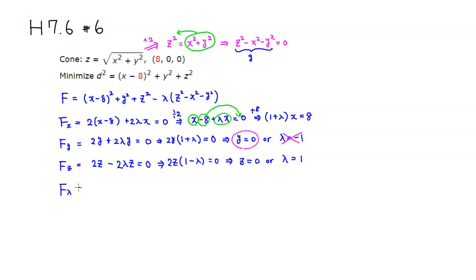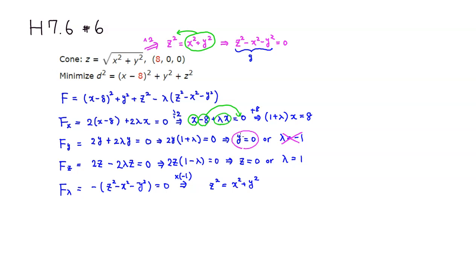Now the last one: F lambda is going to be simply negative the quantity z squared minus x squared minus y squared, equal to 0. In this equation, maybe I'll get rid of the negative sign, and we have z squared equals x squared plus y squared.